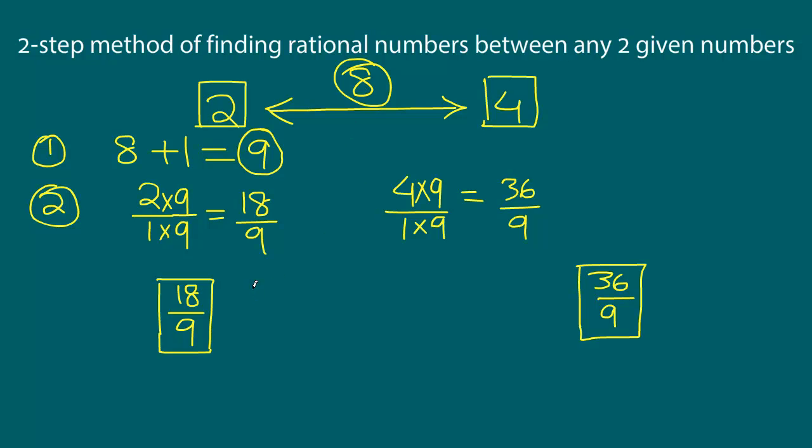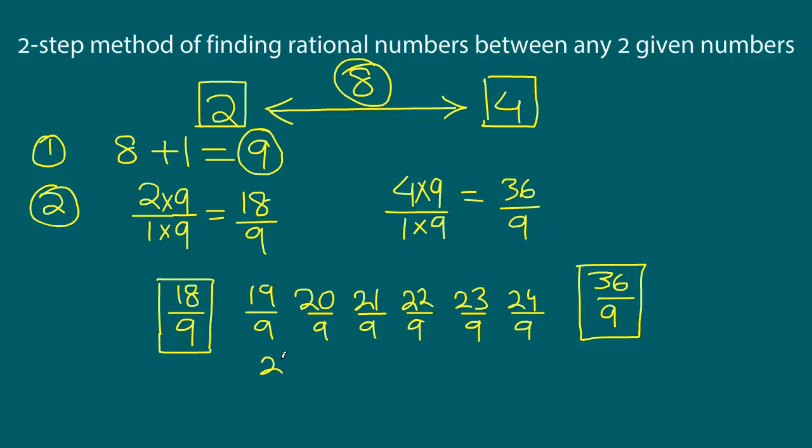For example, 19 over 9, 20 over 9, 21 divided by 9, 22 divided by 9, 23, 24, 25, 26, 27 divided by 9. We can keep doing this until we get to 35 divided by 9.